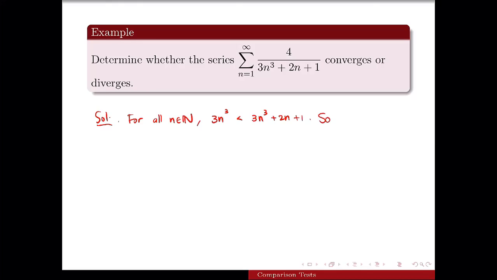So, we have 1 over 3n cubed plus 2n plus 1. This will also be less than 1 over 3n cubed. And in fact, if we multiply this by 4, the inequality will not change.